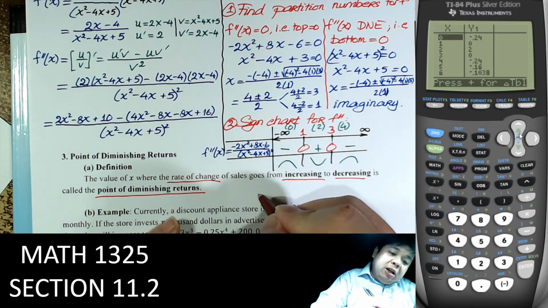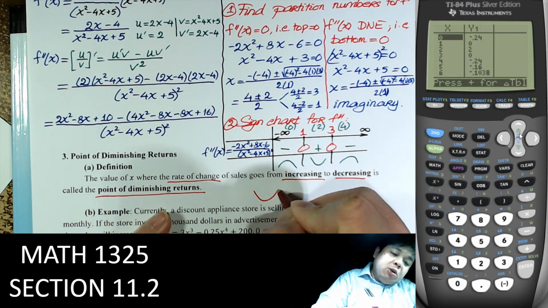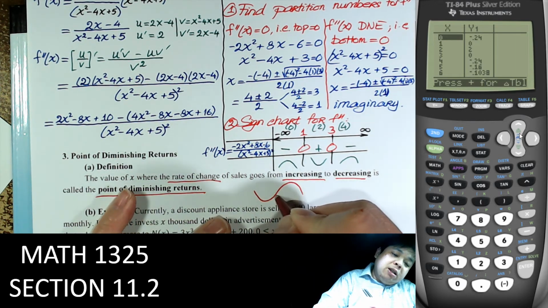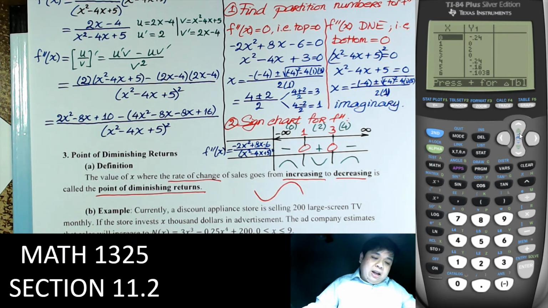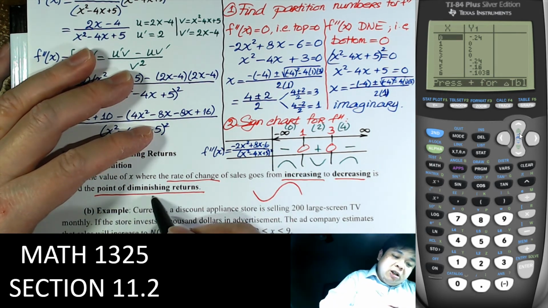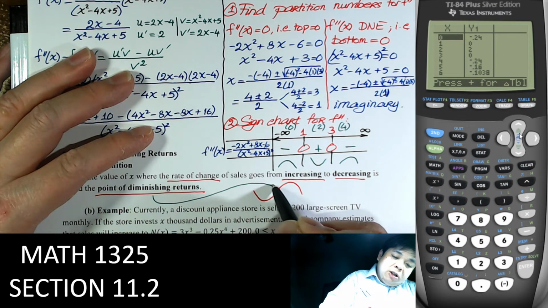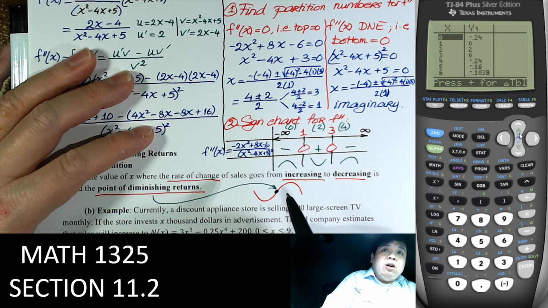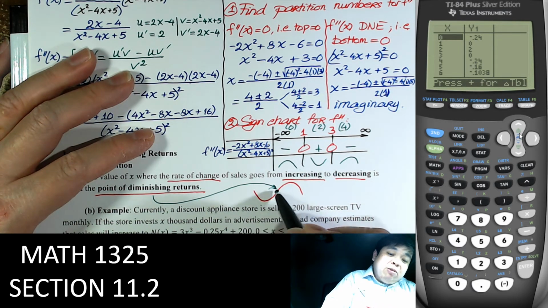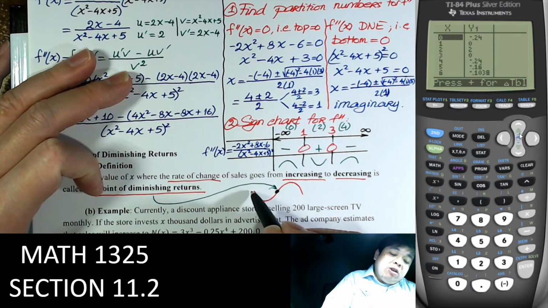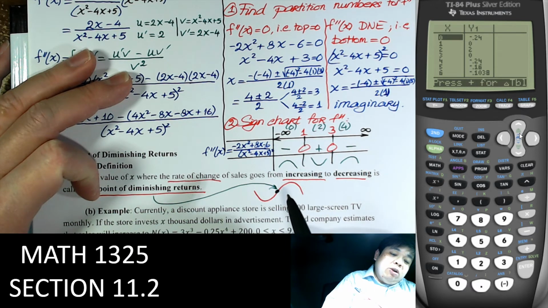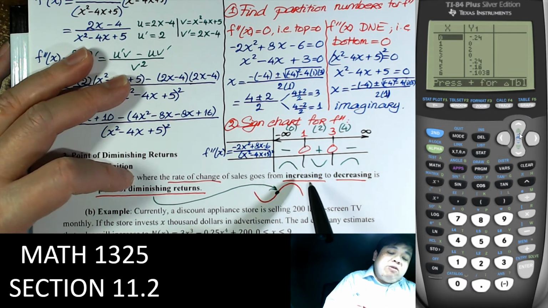So pretty much the inflection point is going from this to that, and the point of diminishing return is this point where it goes from concave up to concave down.